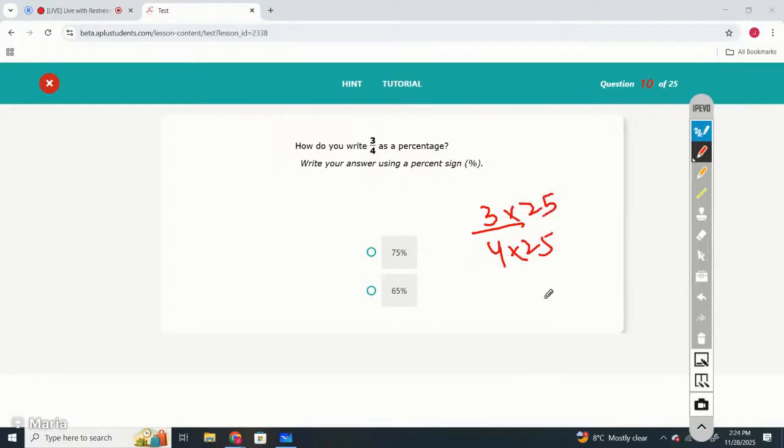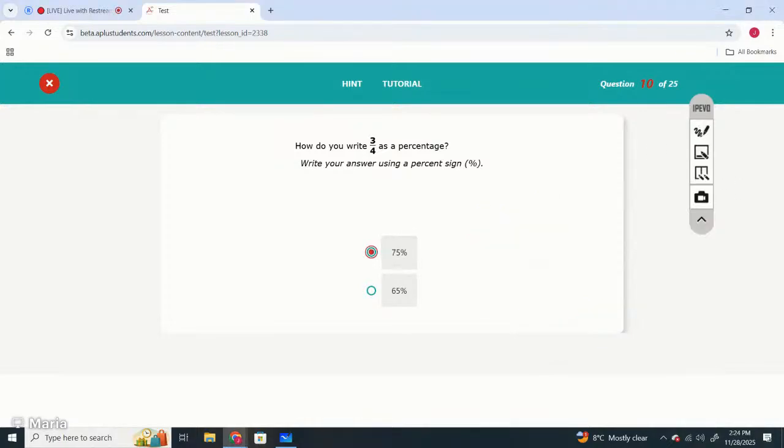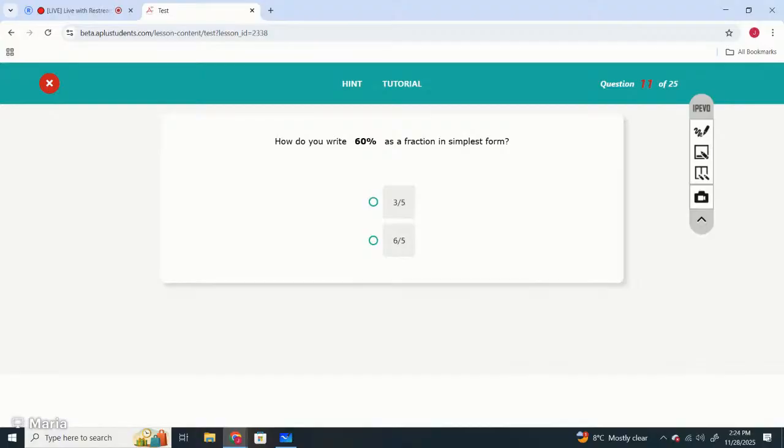So just multiply both the numerator and denominator by 25. That is 75 over 100, and we can write it as 75%. Option number 1 is the correct option, that is 75%.